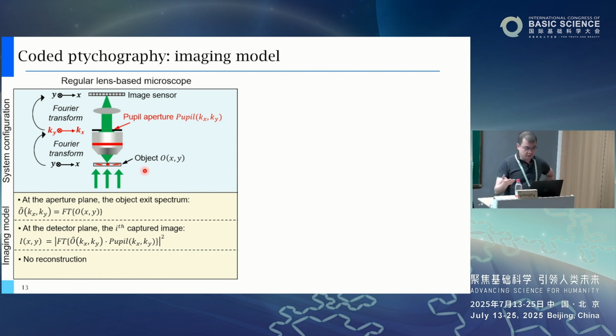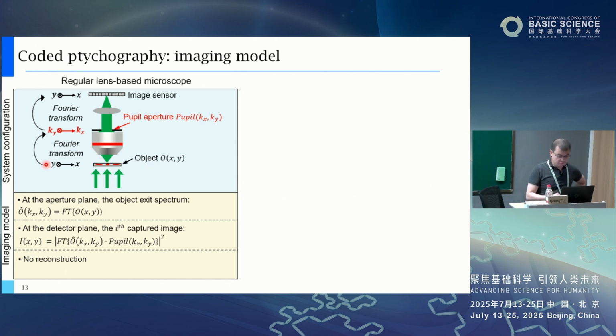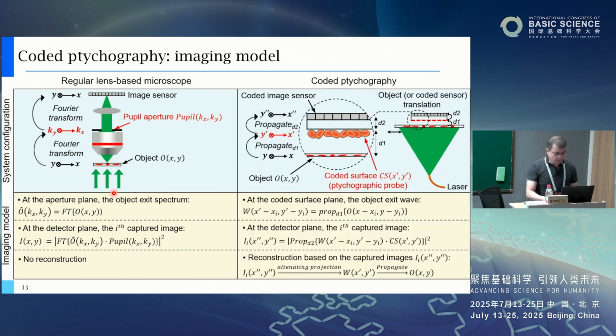That is the trick of the conventional optical microscope. You don't need to do any reconstruction. If you do two Fourier transforms in sequence, you get the original object, in the sense that it is flipped upside down and left to right.